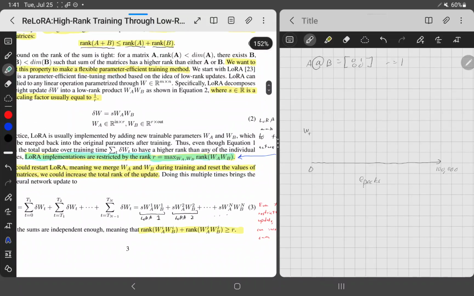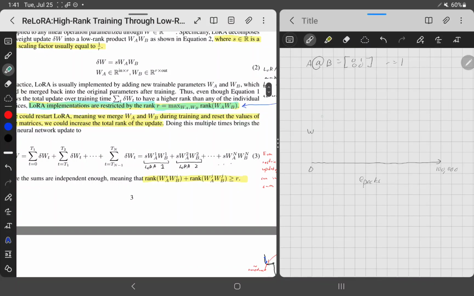We start with our original matrix W, and let's say we initialize two new matrices, WA and WB. So we have new LoRA matrices. And let's say at step 10,000, we combine these matrices together. So now W is equal to W plus WA dot WB.